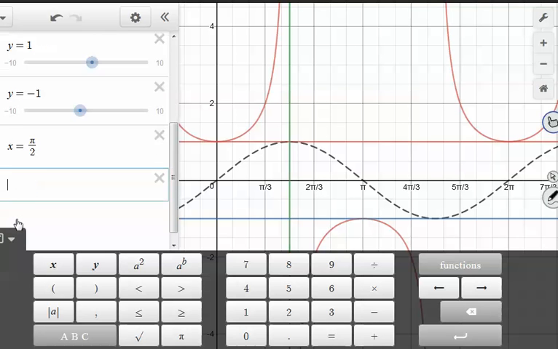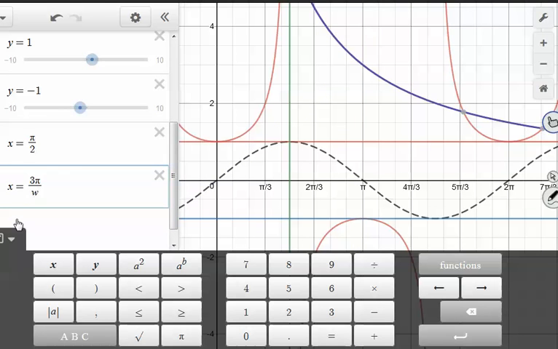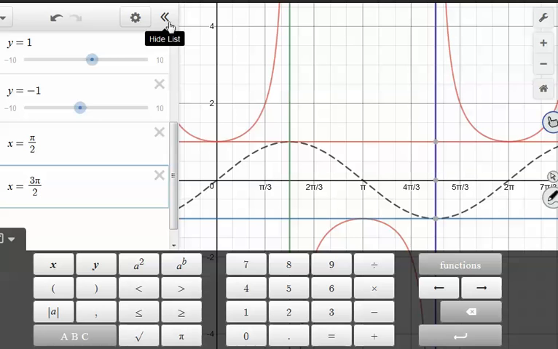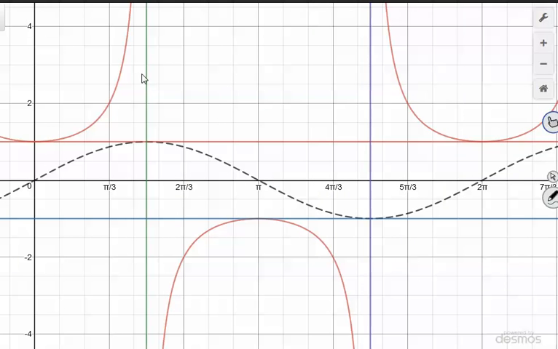The next one it has is x equals 3 pi over 2. There's another one right there. So it has vertical asymptotes everywhere the sine function is equal to 1. That's interesting, right?